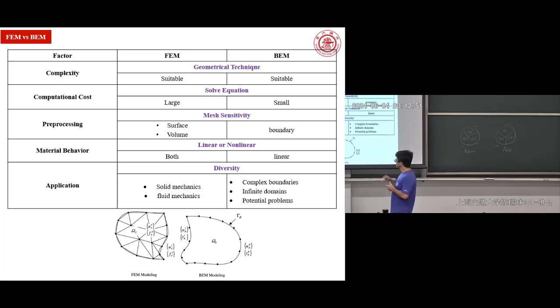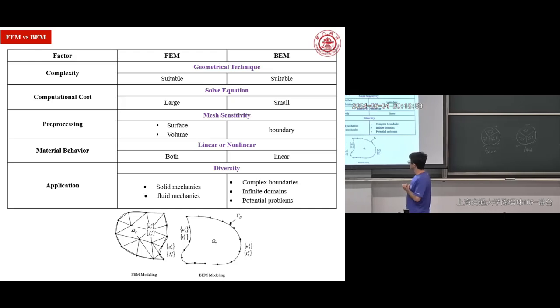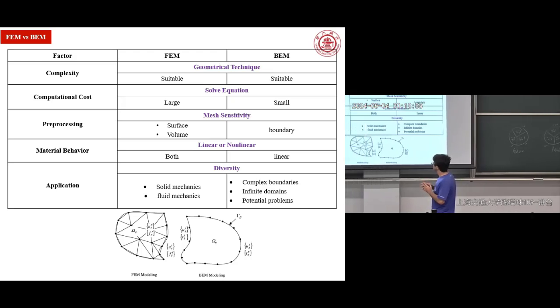For example, in this picture, we can divide 2 types of numerical methods, FGM and BM. In FGM, 2 variables are most significant for designers especially, such as node and elements.